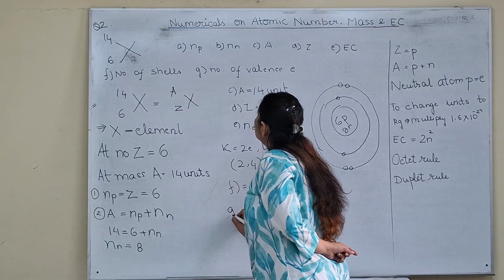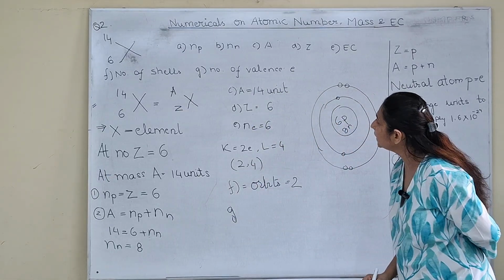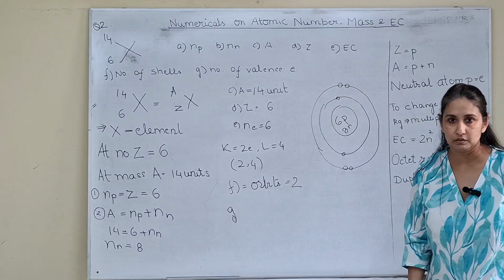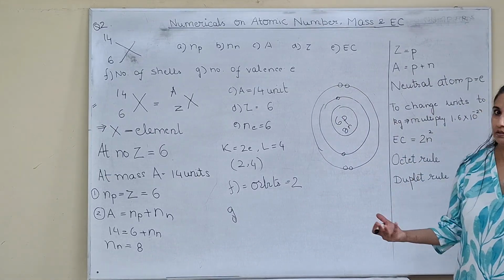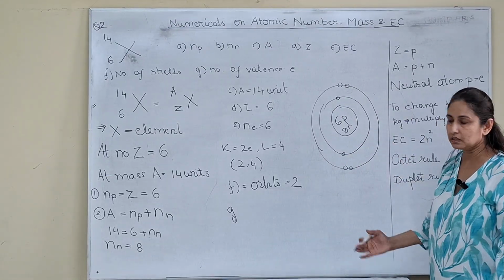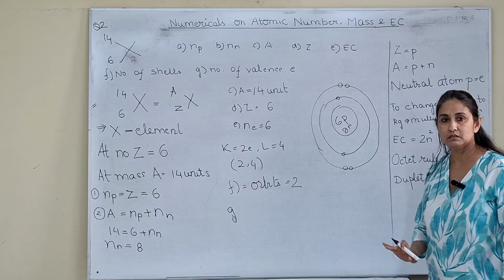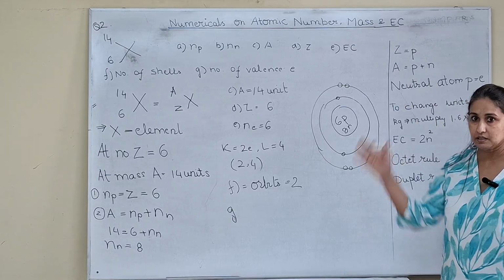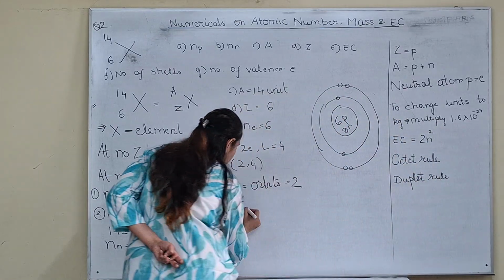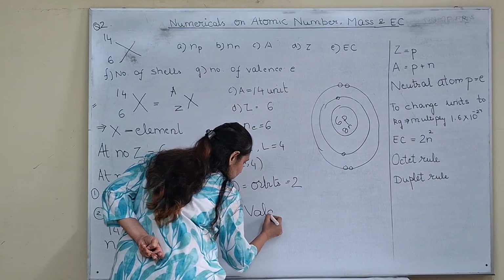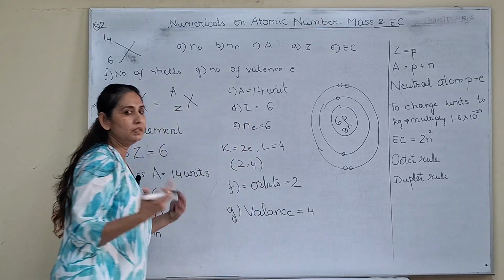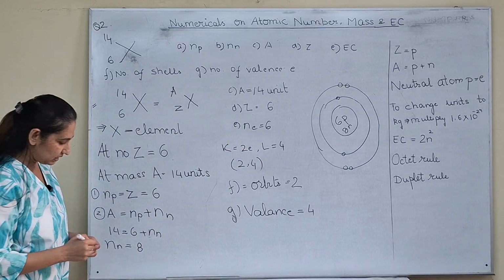Then the number of valence electrons: how many electrons are in the last shell? We have drawn it: 2 here and 2 here. So the total number of electrons in the last shell, called the valence shell, is 4. So valence electrons is equal to 4, and we've solved the question. See how easy it is.